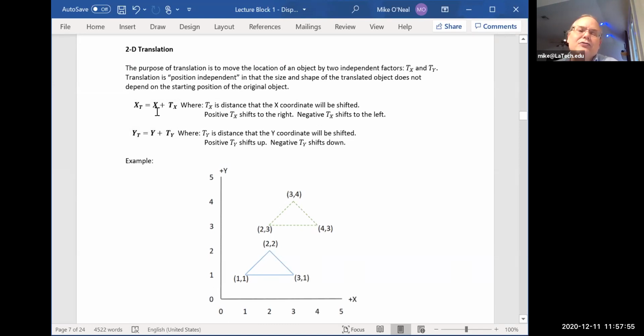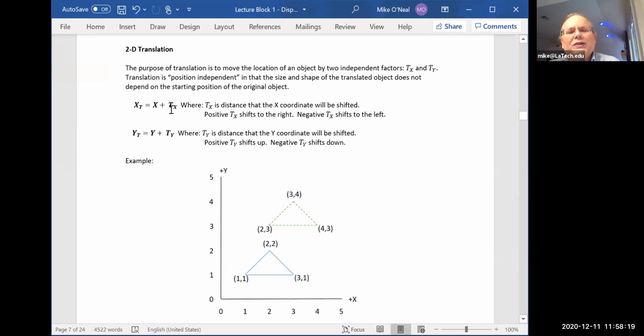Really all you do is take your original point, your x, y, and add the translation amount in X and the translation amount in Y, and that gives you your new translated point, translated X and translated Y. Tx is the distance the X coordinate will be shifted. Ty is the distance the Y coordinate will be shifted.